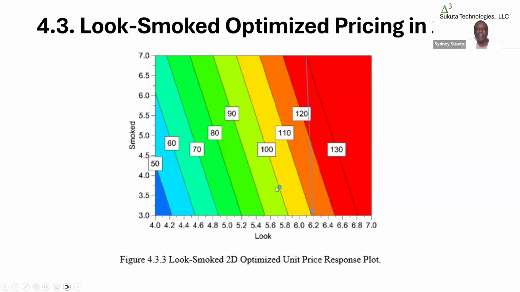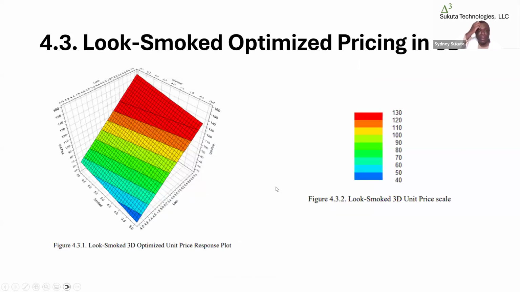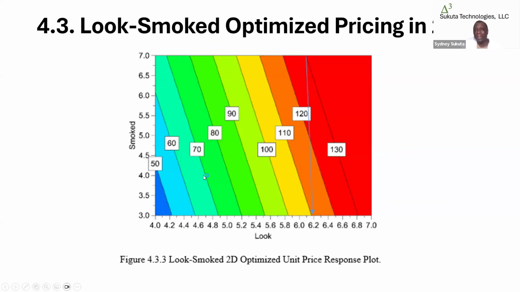And for whether it's smoked or not, we're going to look at it. We have kind of the same story around 6.1. So 6.1 seems like the minimum. And then whether it's smoked or not starts around 7. And as you go to the right in this graph, it's going to be at 130.